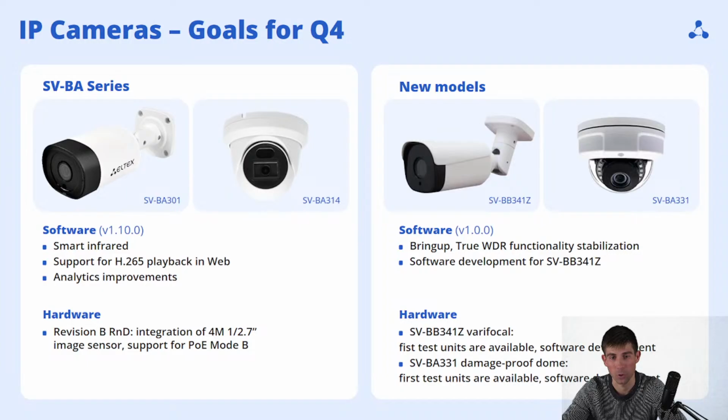Whereas the varifocal camera, the BB341Z, on the left, is the one that's going to bring new architecture to our camera lineup, and this camera is capable of true WDR and significantly more advanced video quality with a wide dynamic range.